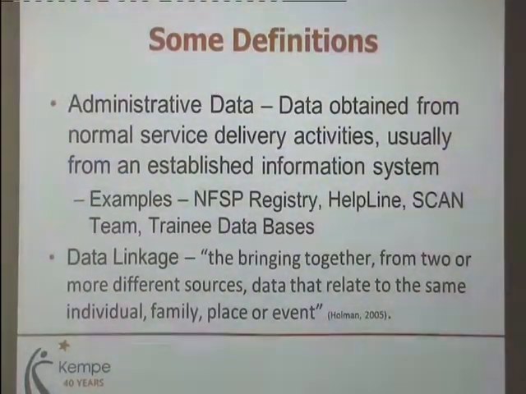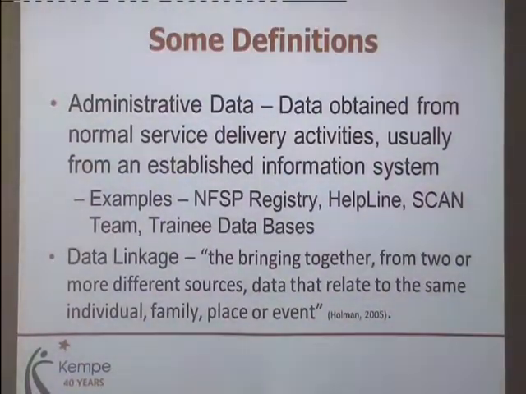So these are data that are used to register potential cases of child maltreatment that come in through the emergency room or through the hospital, through the NFSP registry, the helpline, of course, the scan team, and even the trainee databases could be considered normal databases that you use in the day-to-day operation of a service delivery system or a program to keep track of what you're doing, who's involved, how often, and events that occur, things of that nature.